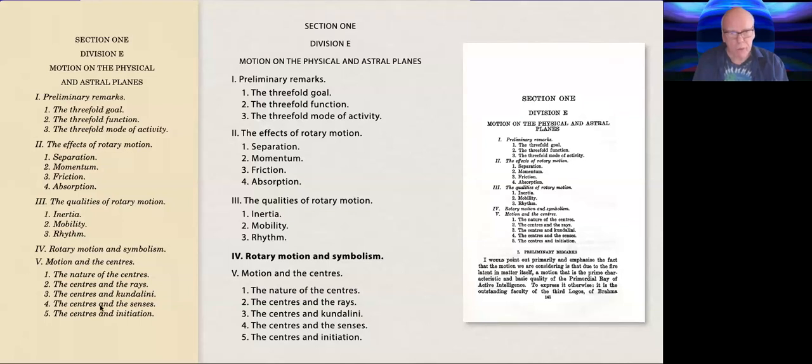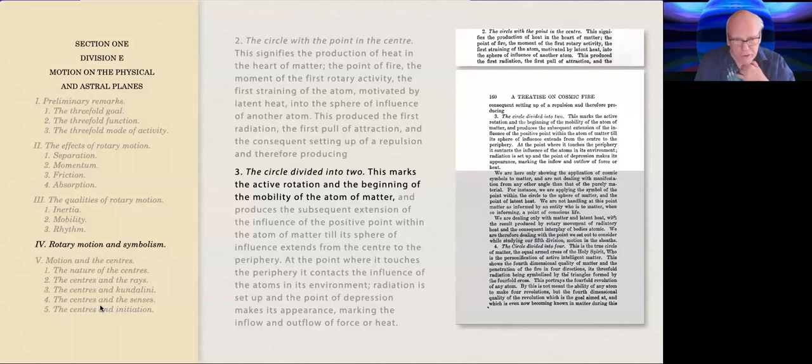physical aspect. For example, we learned that a circle divided into two marks the point where active rotation and the beginning of the mobility of the atom is achieved, compared to the point in the center of the circle, which is the beginning phases, what DK calls the tamasic phases of the atom, or inertia phases.